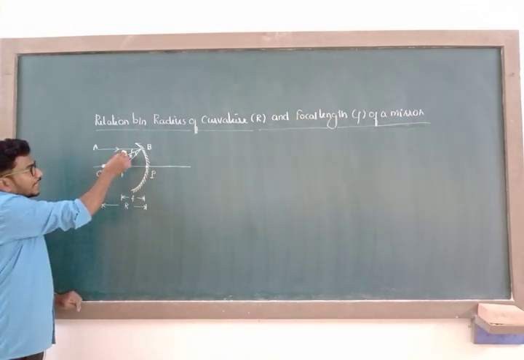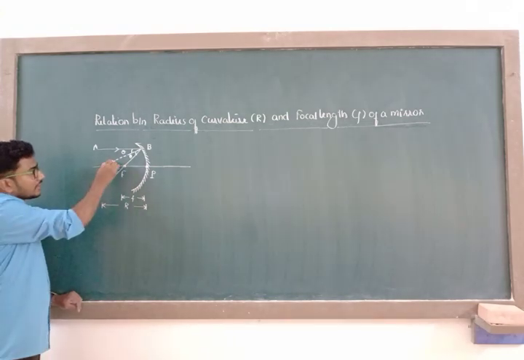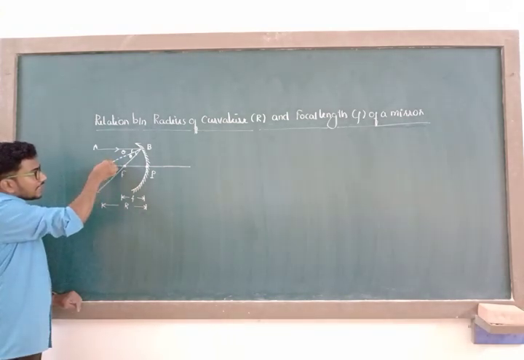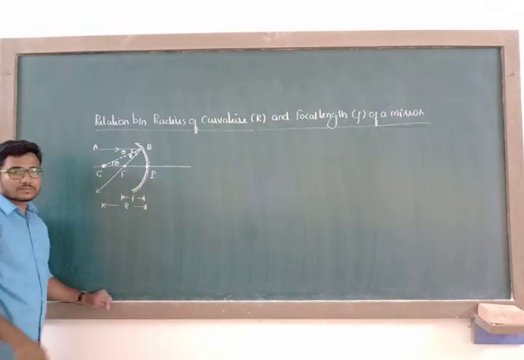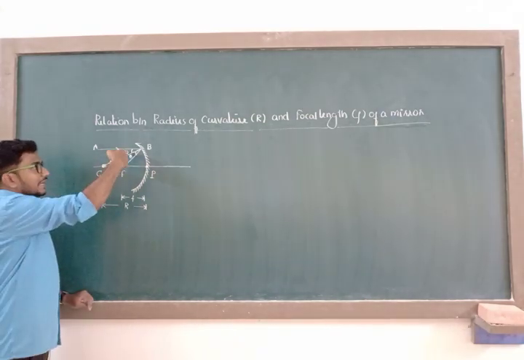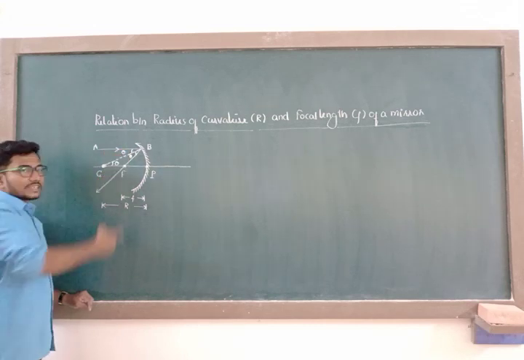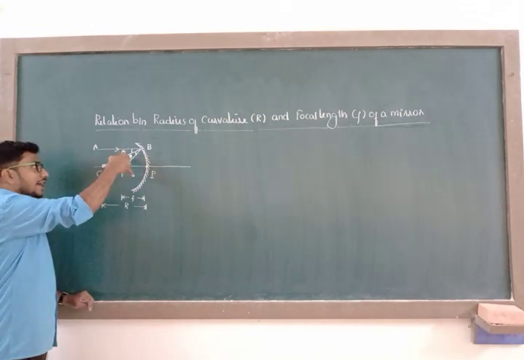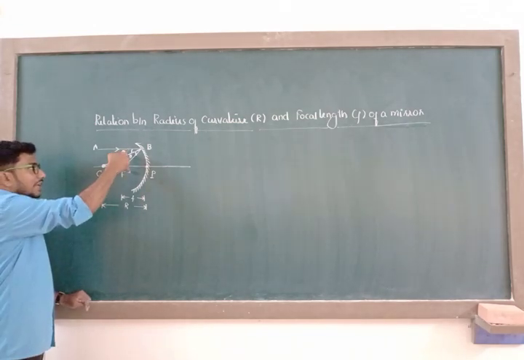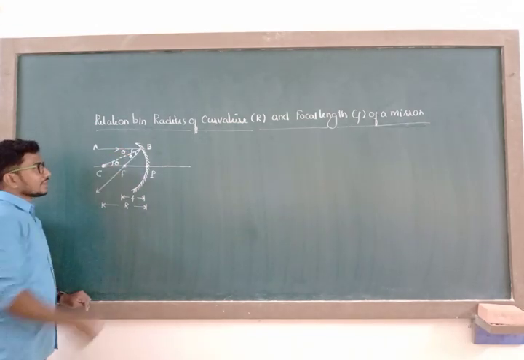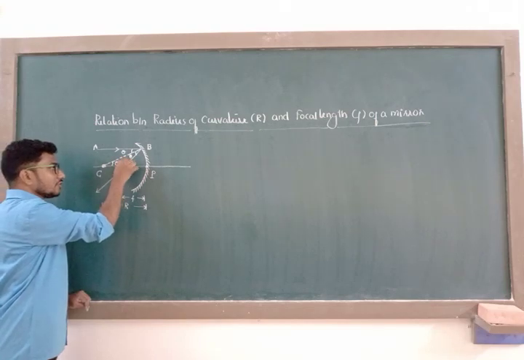If suppose this angle is equal to theta, then this angle is also equal to theta because alternate angles. This angle is theta, this angle is theta, therefore this total angle is 2 theta. If this total angle is 2 theta, then this angle is also equal to 2 theta.